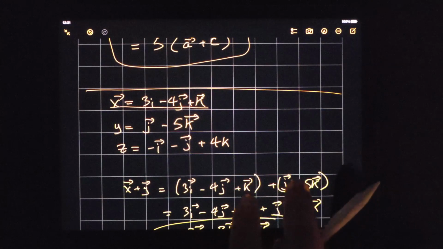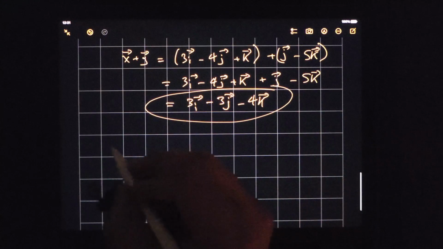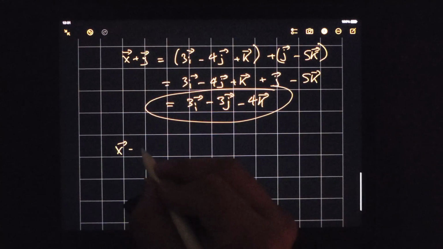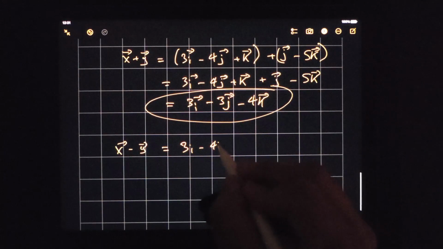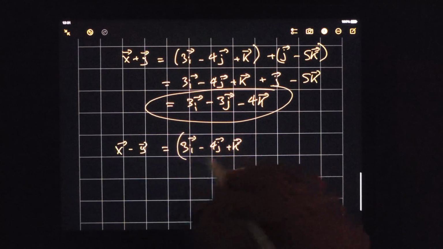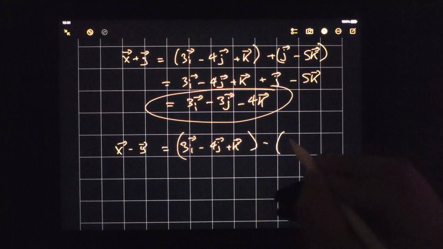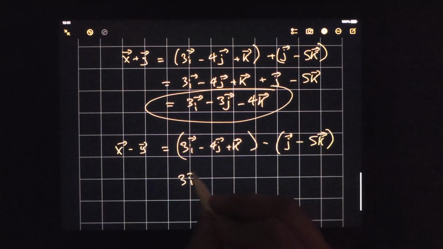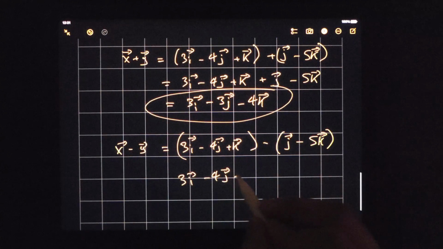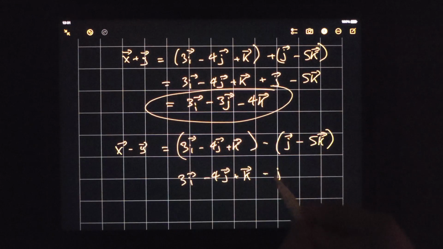We can also do the same except x minus y. But when you open up the brackets, now these are negative.